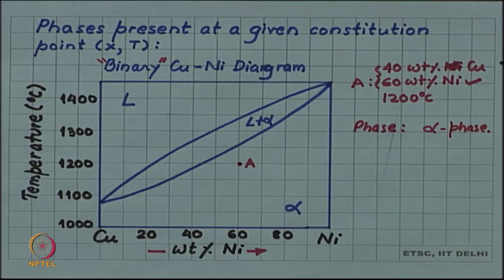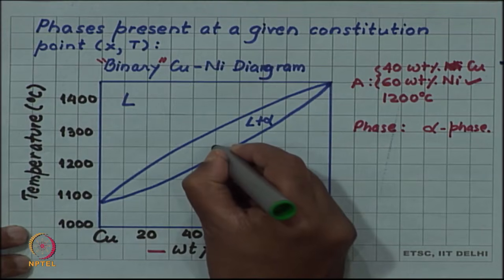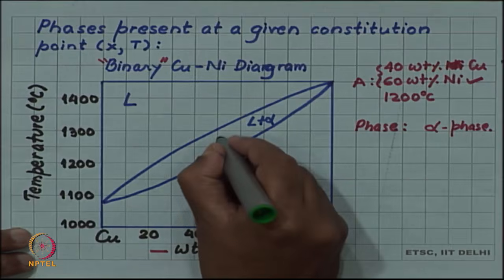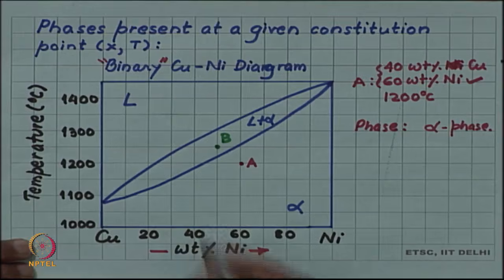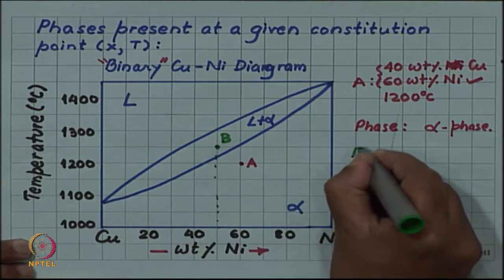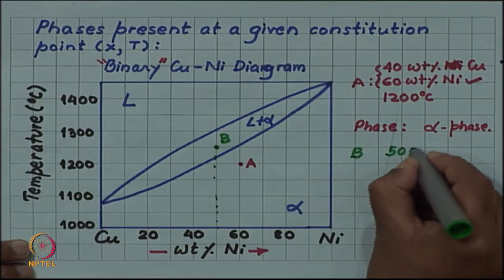Now, let us look at another alloy. Just look at this one. Alloy B or constitution point B. If we now look at its x component, that is 50. So, the composition is 50 weight percent nickel.